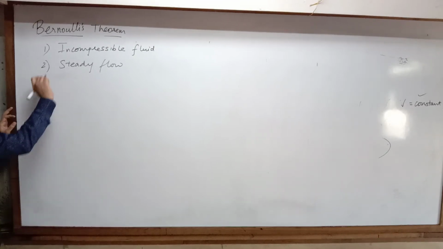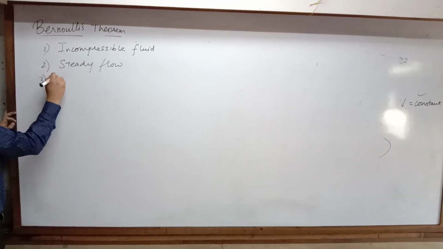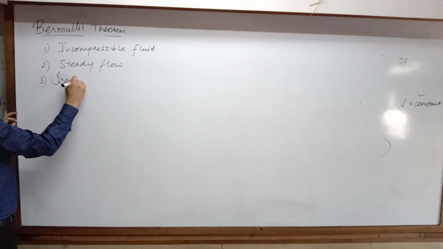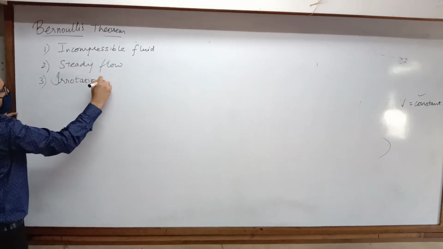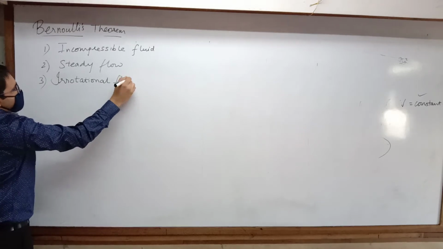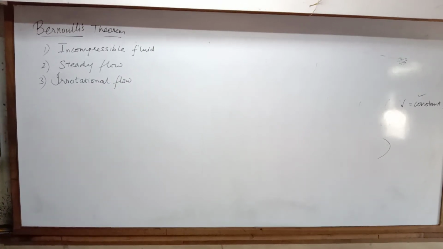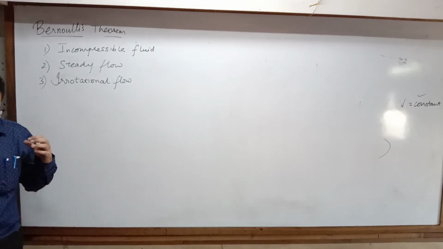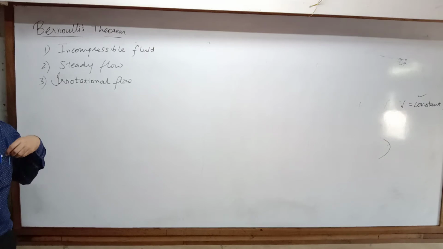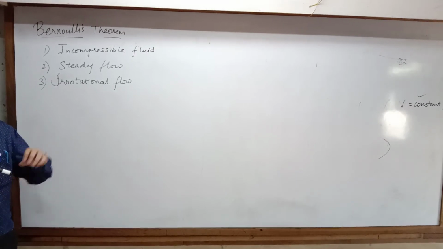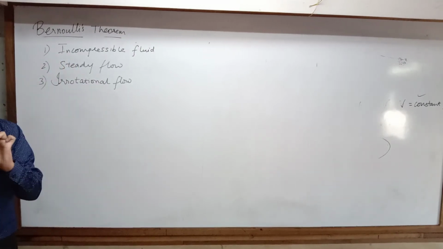Okay. Number 3, irrotational. What is the meaning of irrotational? I'll explain that. Not at all difficult to understand. Let's say that there is some object, let's say the pen.